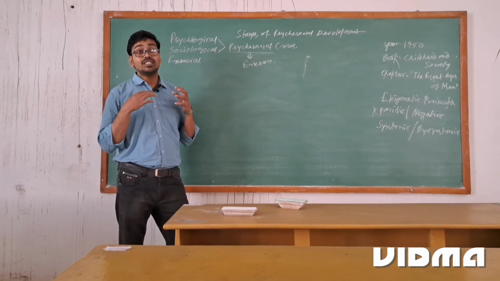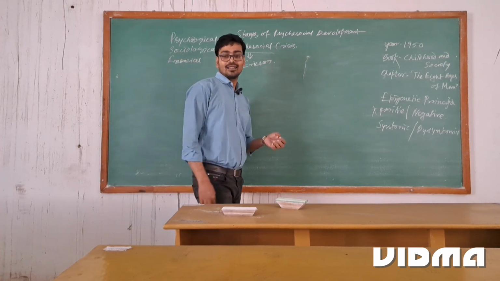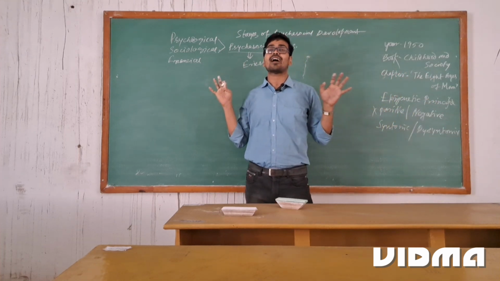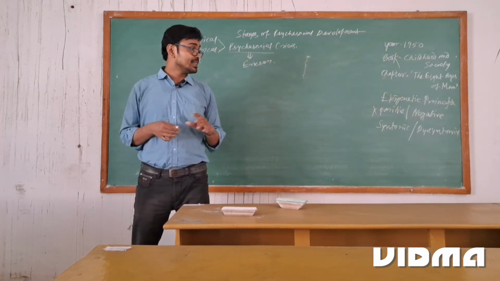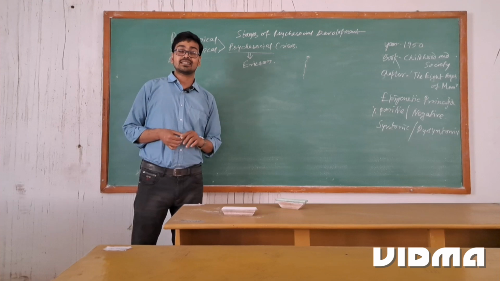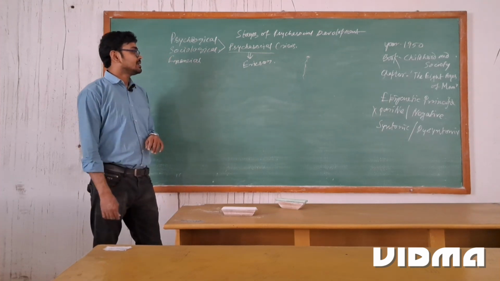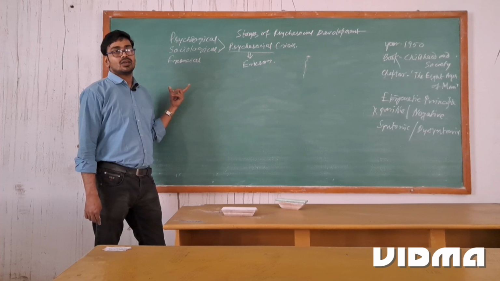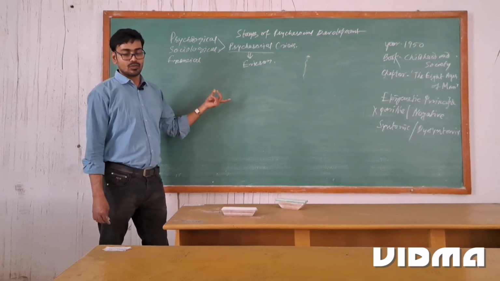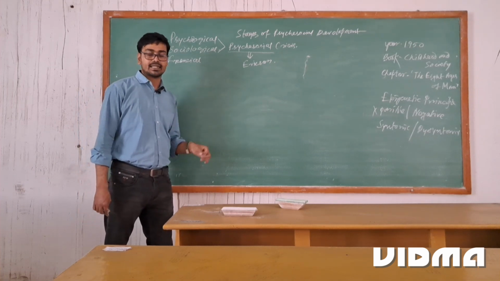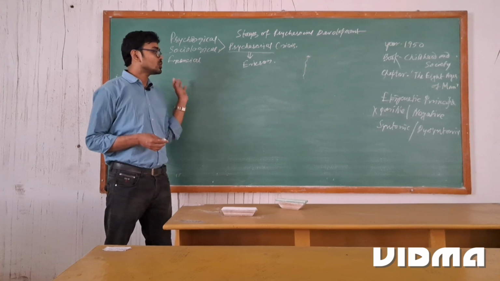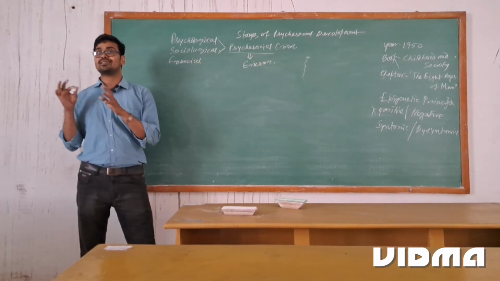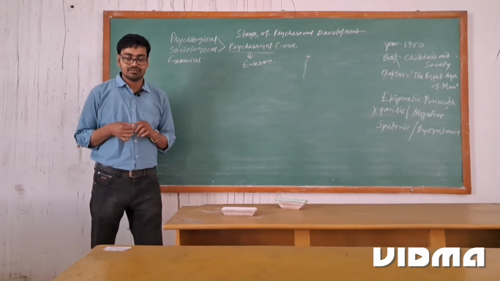For what? To differentiate the two opposite sides of each crisis stage. In the psychosocial developmental stages, in each stage there are two sides: one is positive, another is negative. Just like trust is a positive term, but mistrust is a negative term.